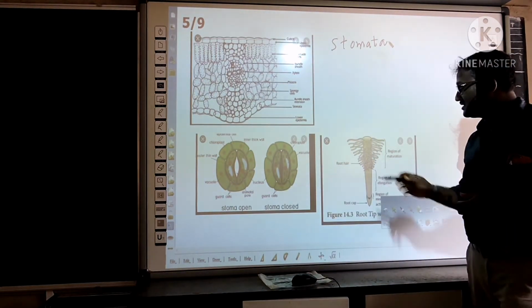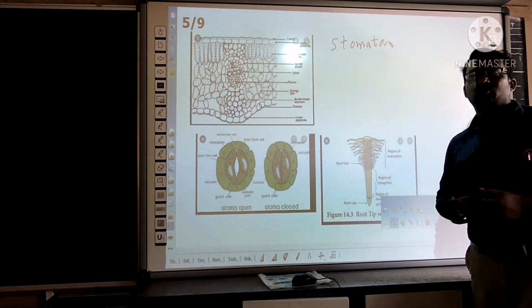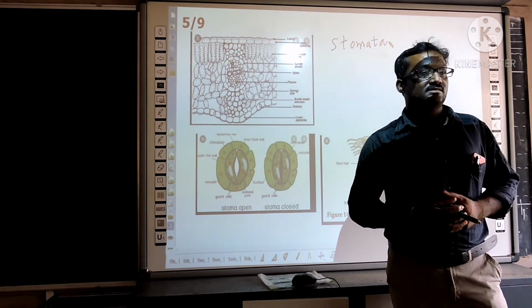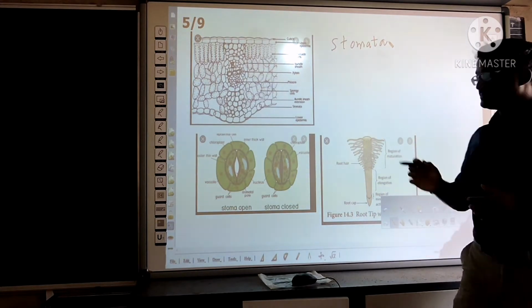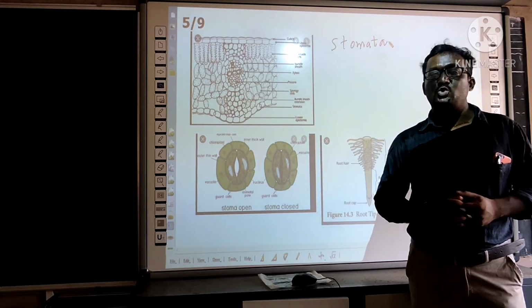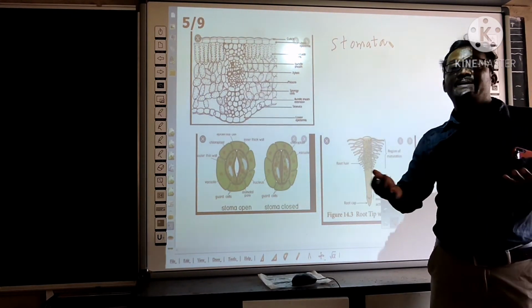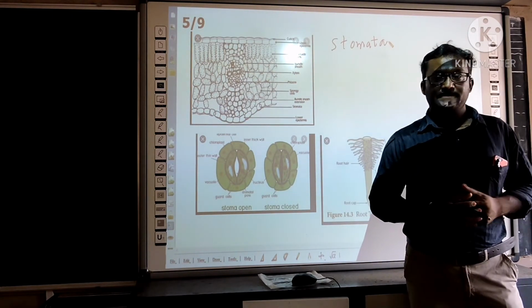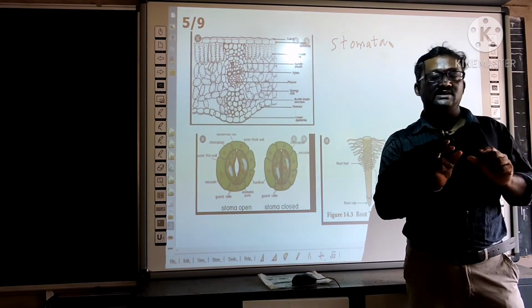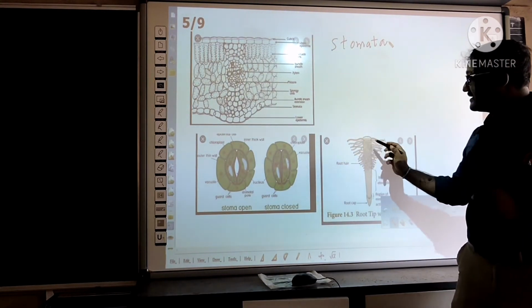You see this picture. Root. How do roots absorb the water and minerals? They absorb through root hairs. Root hairs are also formed by modification of epidermal cells, or dermal tissue. Some dermal cells modify into root hairs.